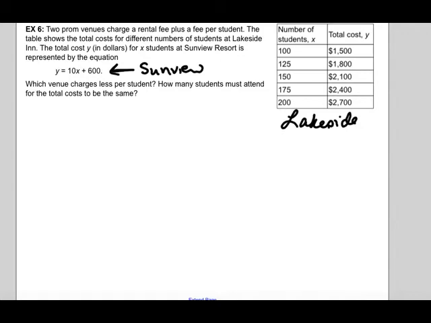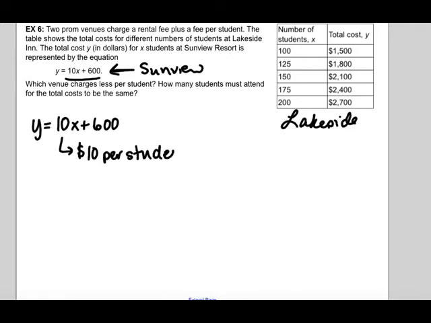Okay, well, we have a question here. If you analyze what this means, the value in front of our x is a rate. So this tells me that this costs $10 per student plus a flat fee of $600 for the venue.